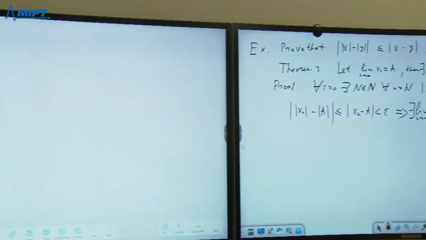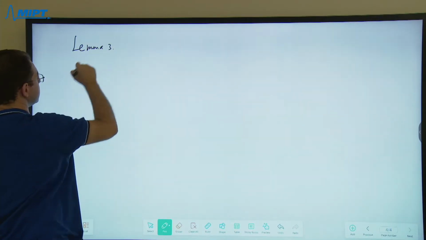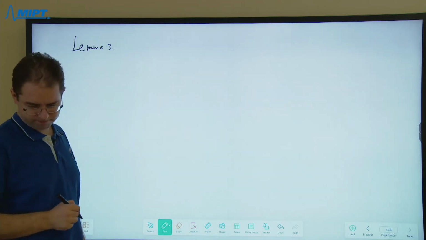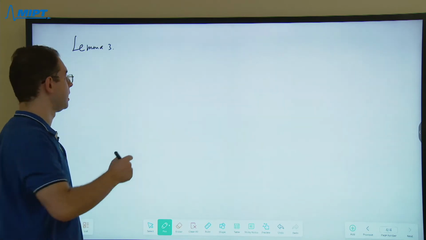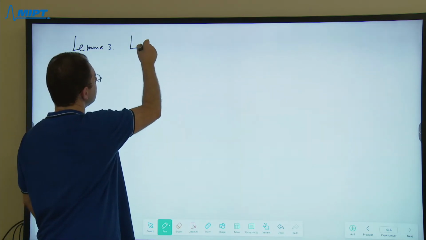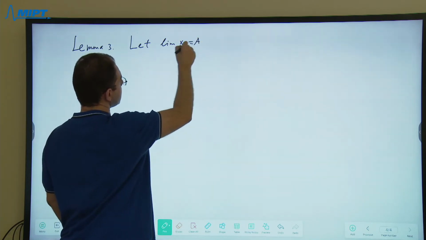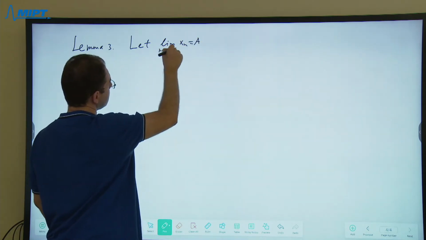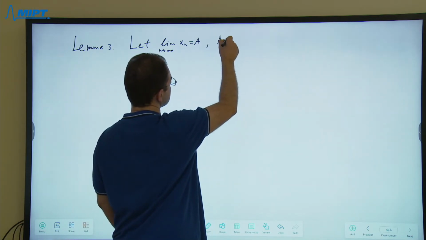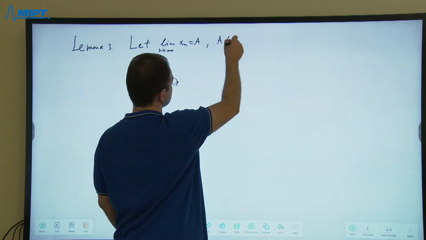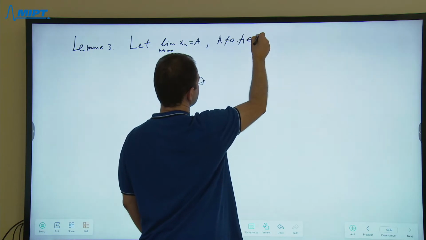Lemma 3. Let xn converge to a number a such that a is not 0. Well, a is a real number, but not 0.